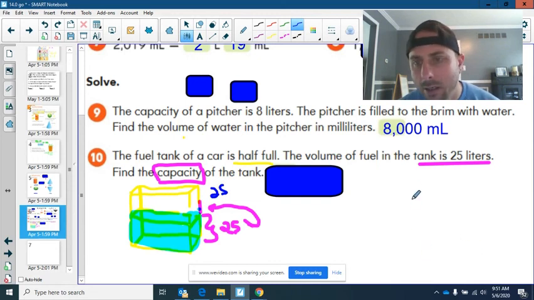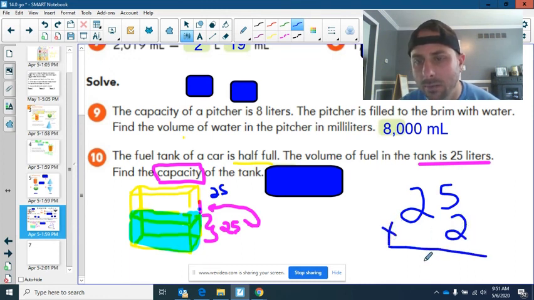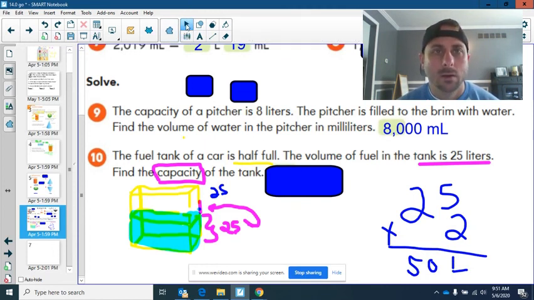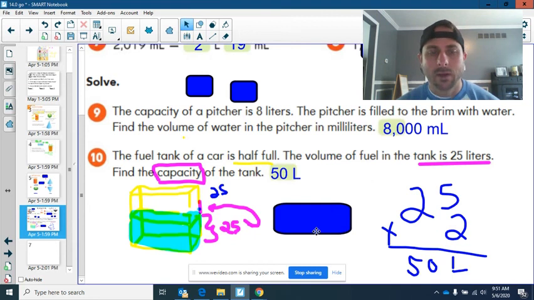You can multiply, show your math to your teacher. 25 times 2 is 50. Label it, liters, and then, of course, you'd write a sentence. Let's see if we were right. 50 liters. So there you have it.